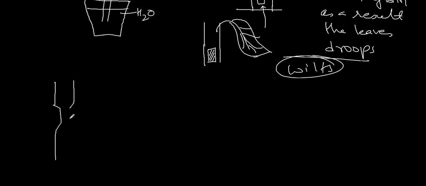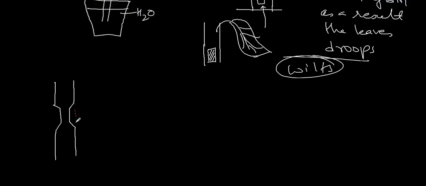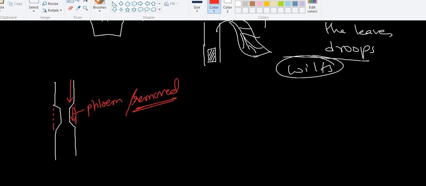So here we are removing phloem from this part, which has been removed. So the phloem is removed. Food passes till here, but it cannot go further. Why? Because the phloem has been removed, but not the xylem.